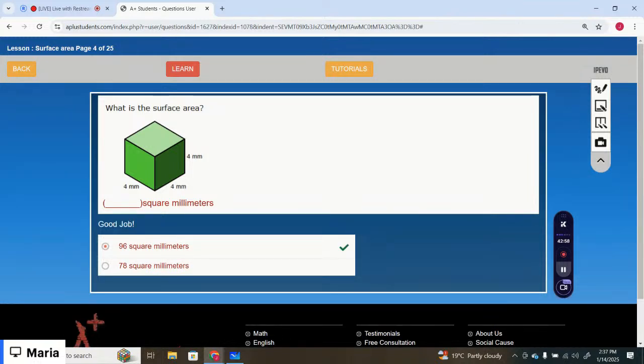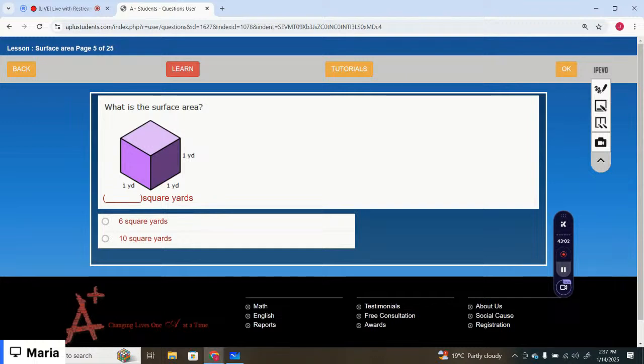So that is 96 square millimeters. What is the surface area, which is the correct option? Very good. 6 square yards is the correct option.